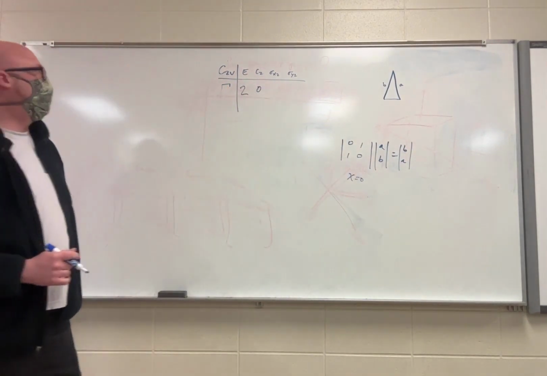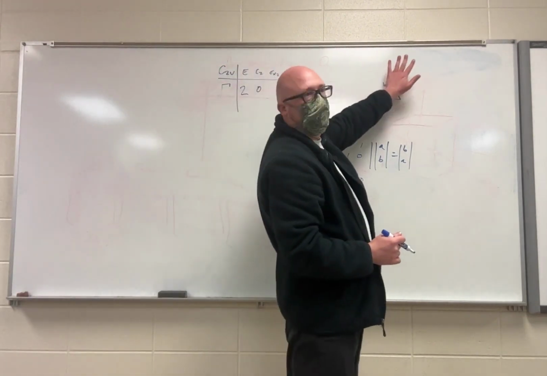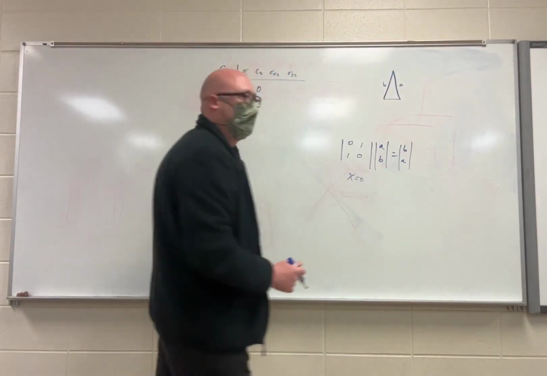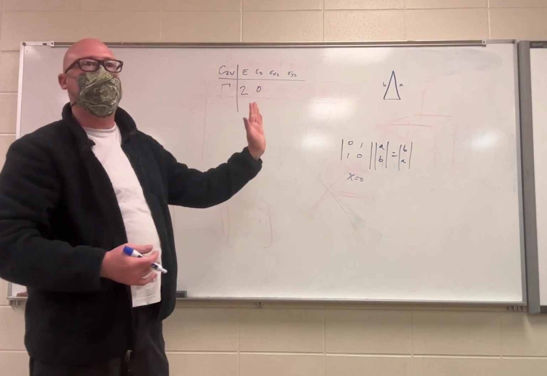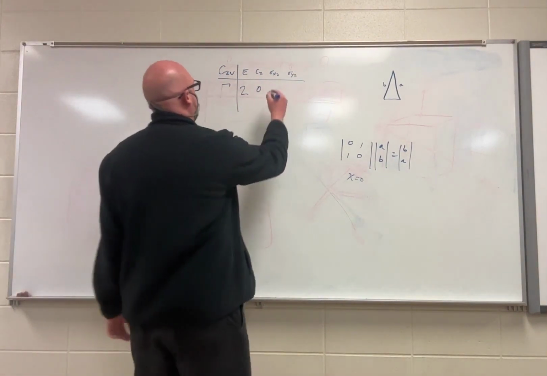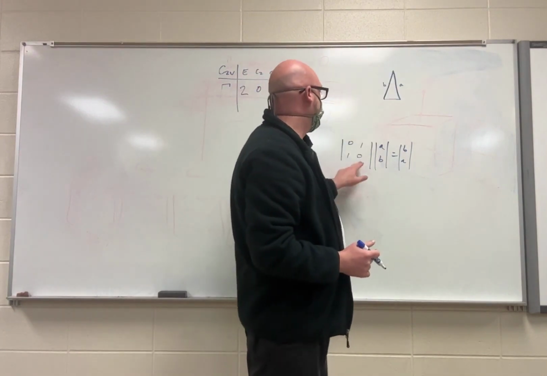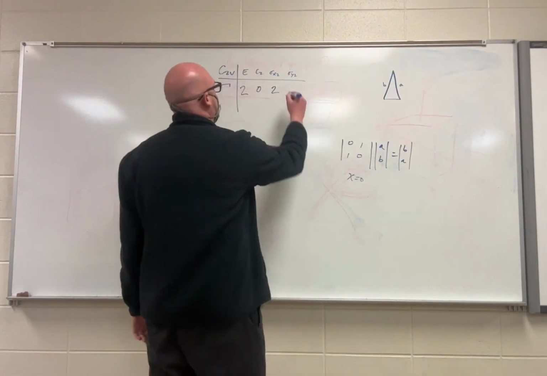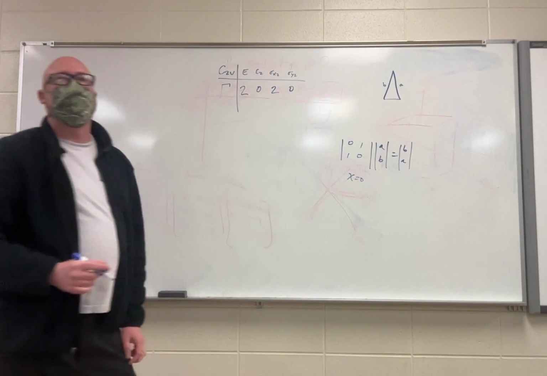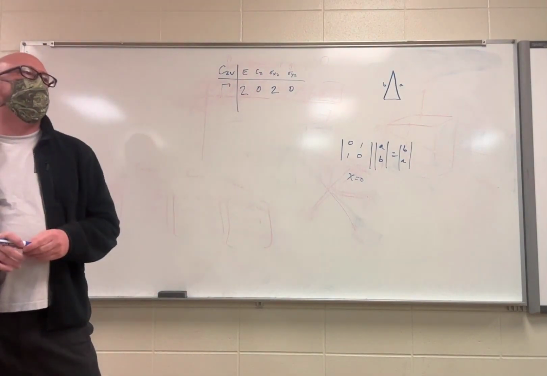If I have the sigma xz, and we'll say that's the plane of this isosceles triangle, the character is 2 because A remains on itself and B remains on itself. And if I take sigma yz, I should get this transformation matrix, character is 0. Okay, does that make sense?